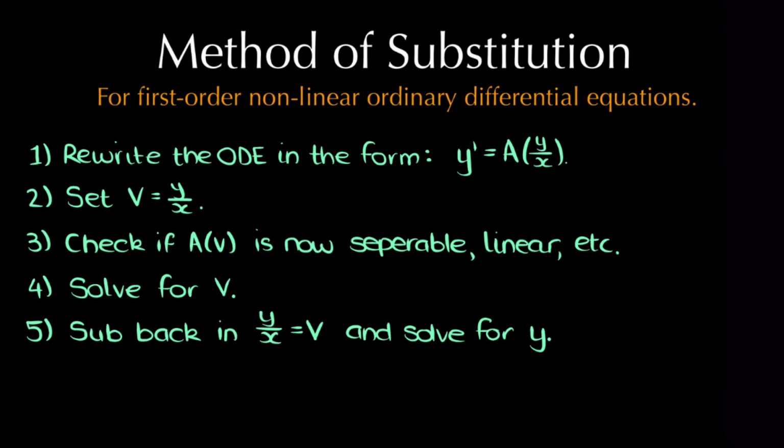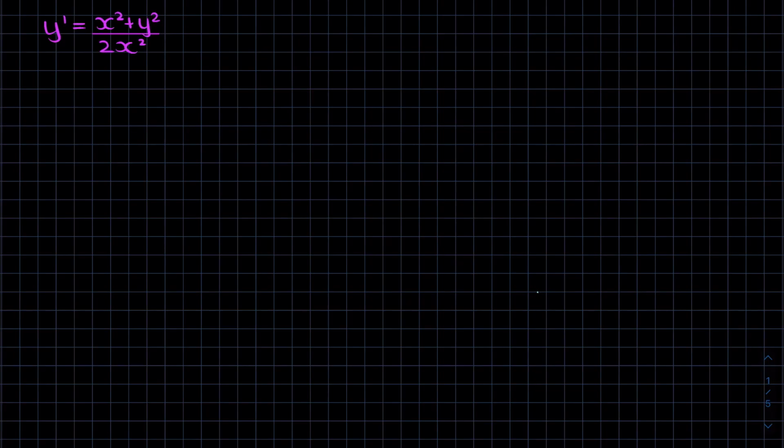So let's get into our first example. What we first need to do is make sure that the differential equation is written in the form of y prime equals some function a of y over x. So we need to make sure everywhere there's a y and an x, it's written in terms of y over x.